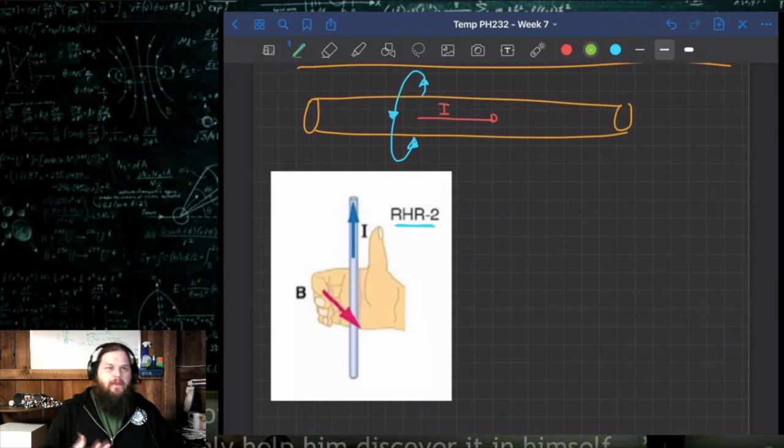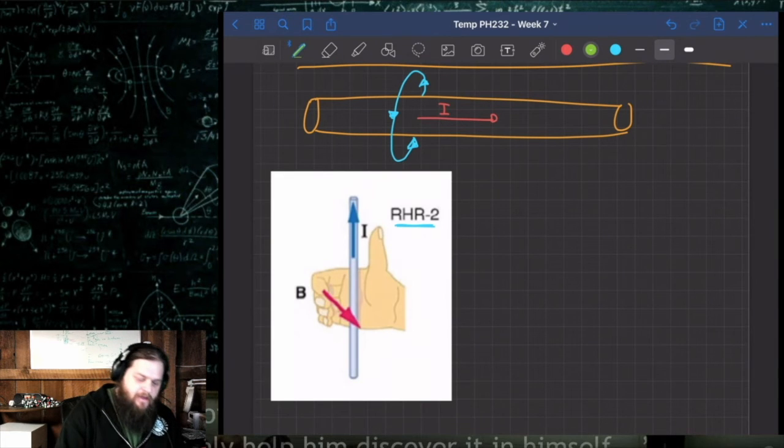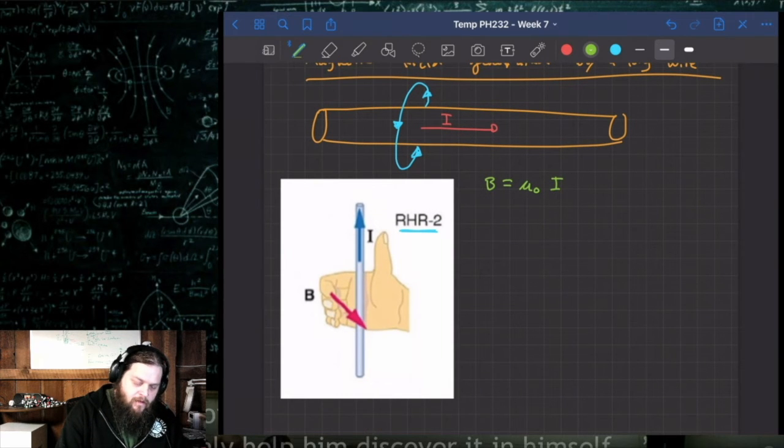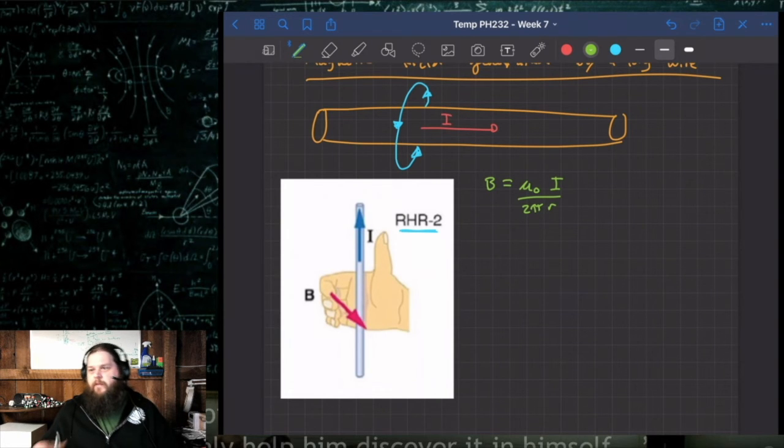We can calculate the magnitude of the magnetic field using this equation where B is equal to mu naught, which is the permeability of free space for magnetism, times the current divided by 2 pi r, where r is the distance away from the center of the wire. Usually the wires are pretty thin, but we have the distance away from it. So if you get 10 centimeters away, you'd put 10 centimeters in there, and that would be the same magnetic field all the way around that wire in a radial fashion.